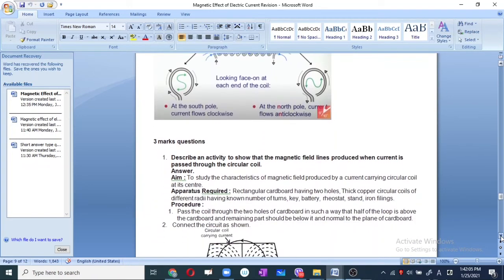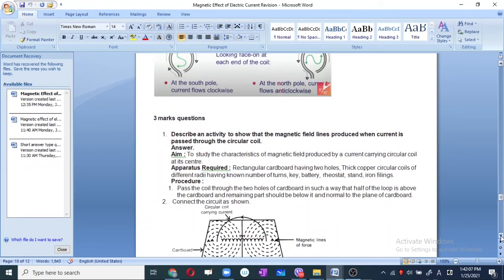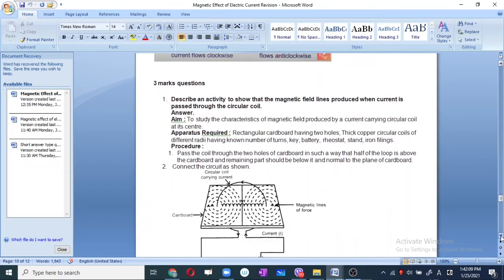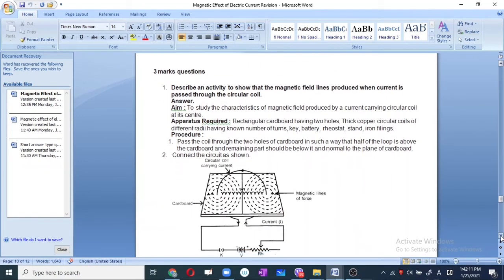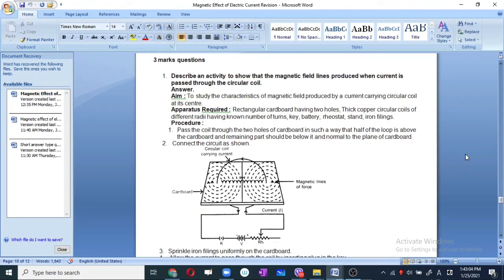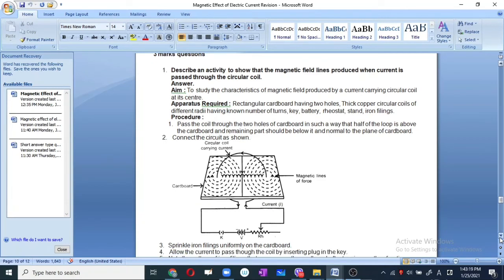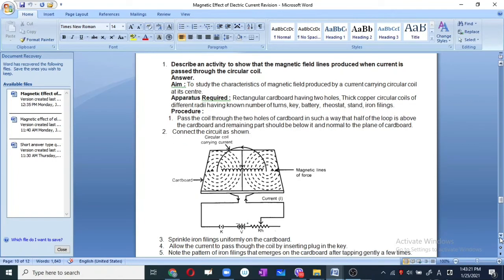Now we get questions in the exam in different forms. So there are some 3 marks questions I have segregated out for today. You can see: describe an activity to show the magnetic field lines produced when current is passed through a circular coil. We have already learned about the magnetic field produced in case of a circular coil, but we have to describe it as an activity. So we will write its aim.